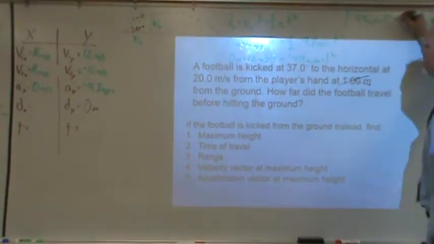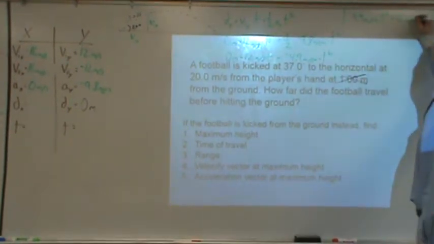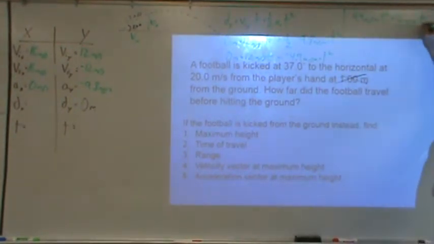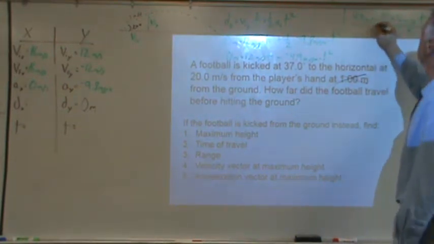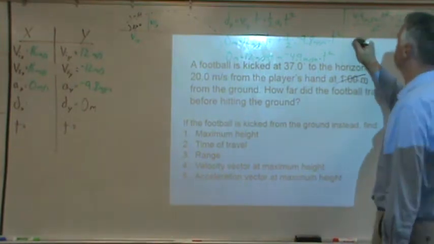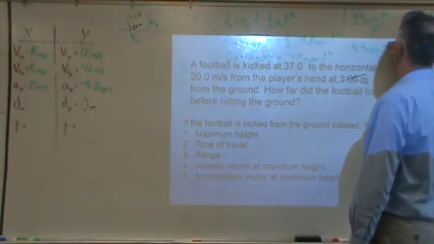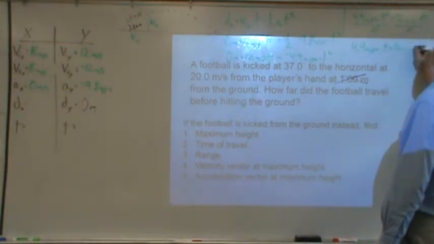Equals, what do we have? 12 per second times t. I can divide both sides by t. T will cancel out over here. One of my t's cancels out over here. Leaves me at 4.9 meters per second squared times t equals 12 meters per second.